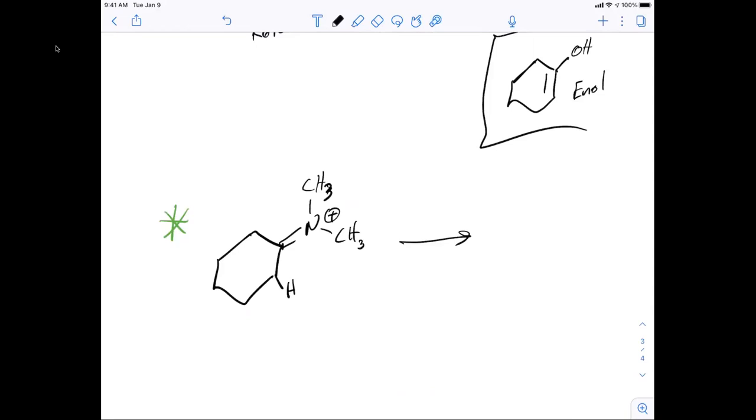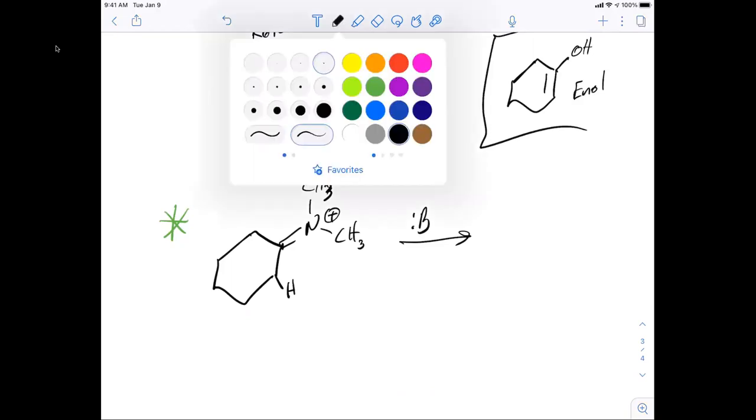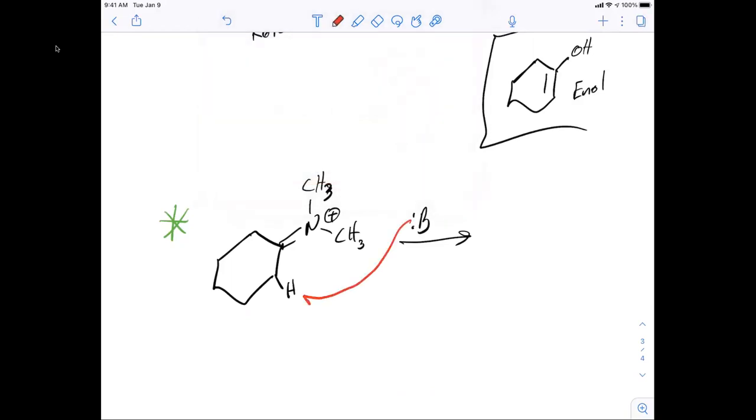Instead of pulling off that second hydrogen, our generic base, which could have been the water, could be another amine, is going to pull the beta hydrogen to give us the stabilized enamine.